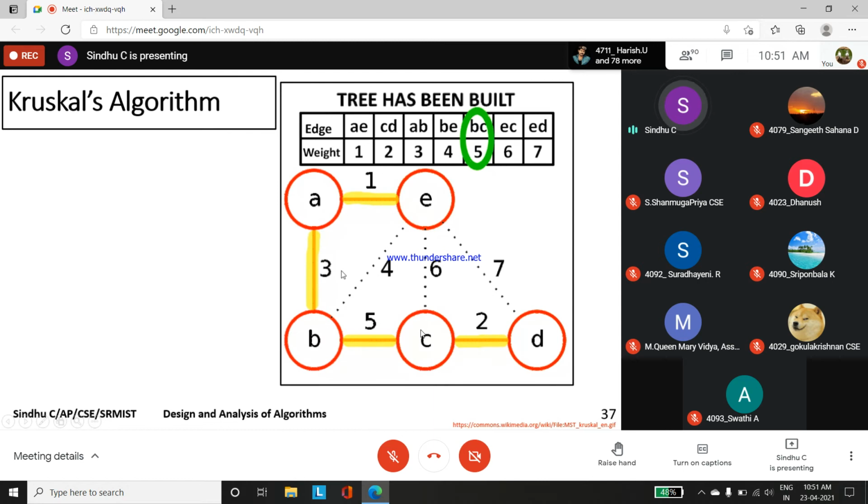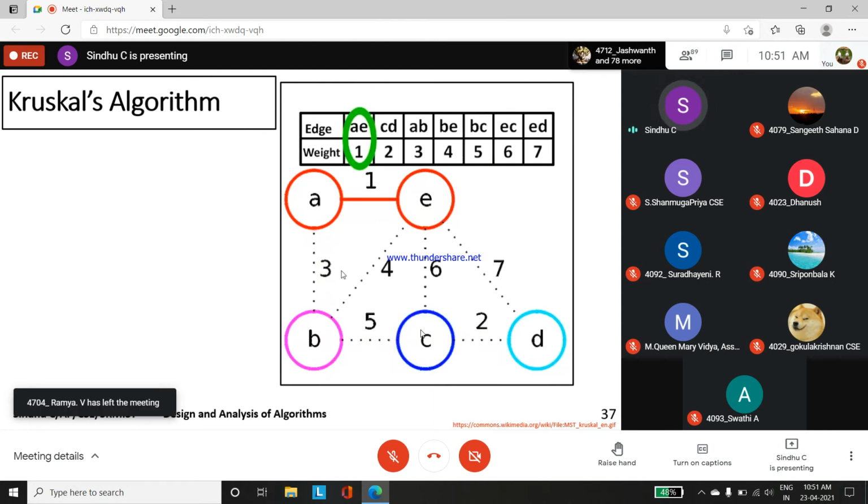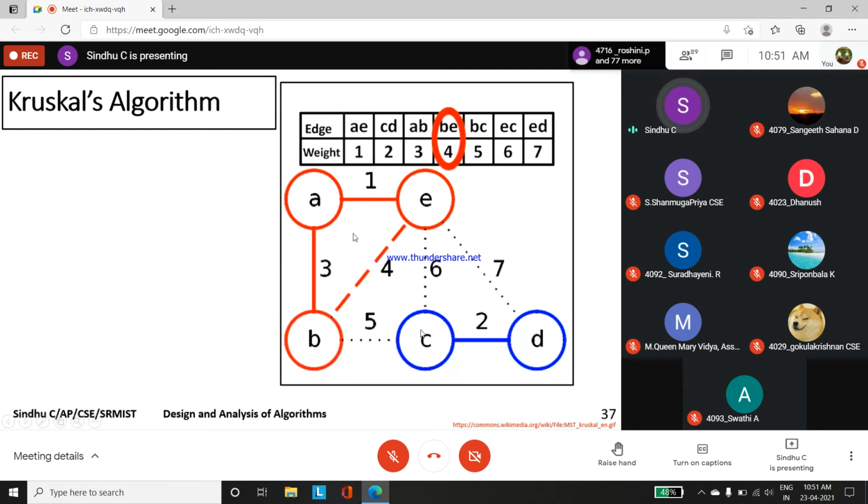And you keep repeating this procedure until you have V minus 1 edges in your tree. So V is the number of vertices. Here you have 5 vertices, A, B, C, D, E. So until you have 5 minus 1 edges, then you can complete that minimum spanning tree. So here you have that tree.